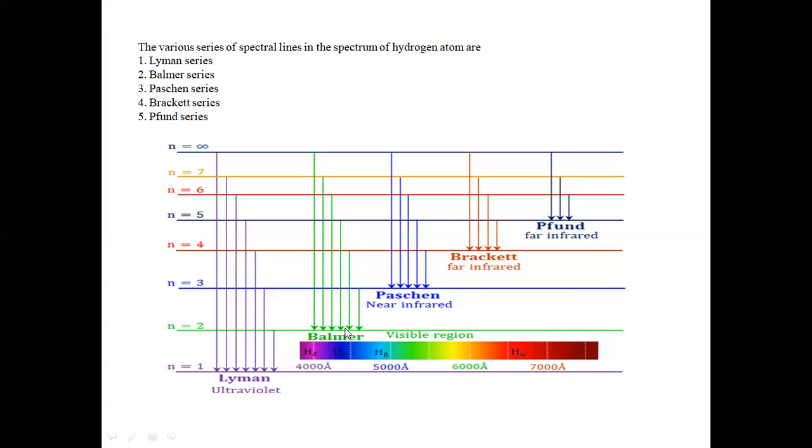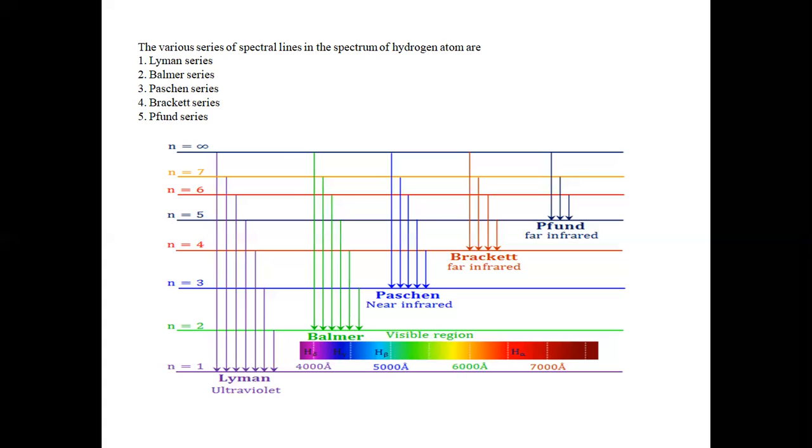The frequencies of the various spectral lines in the Balmer series can be obtained by substituting n1 equal to 2 and n2 equal to 3, 4, 5, 6, etc.